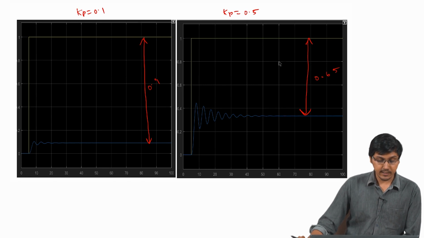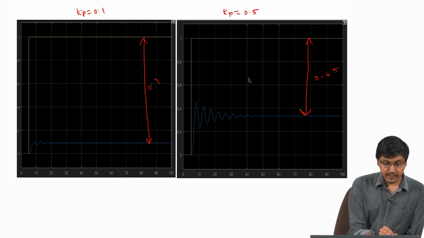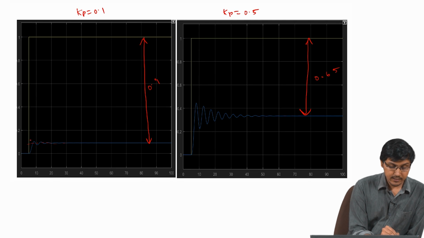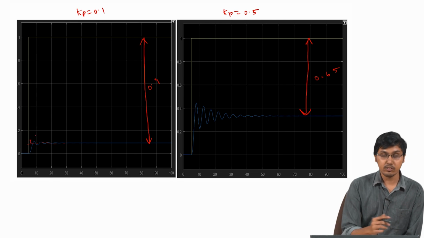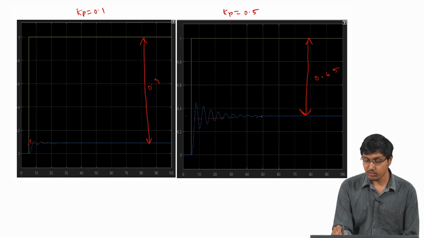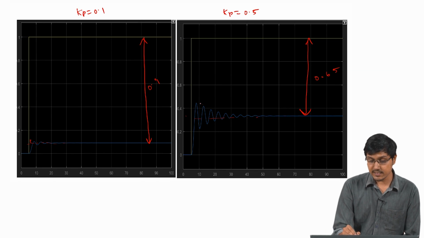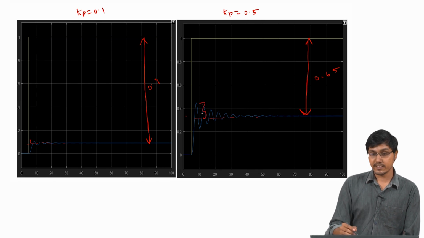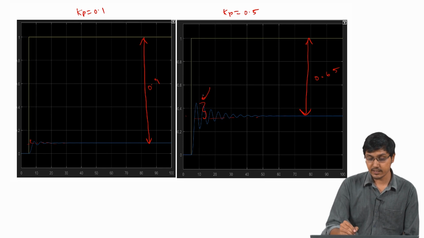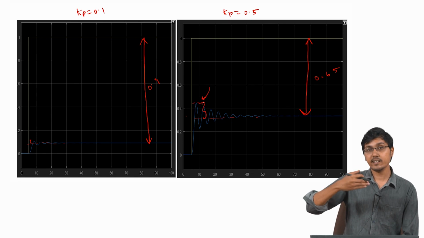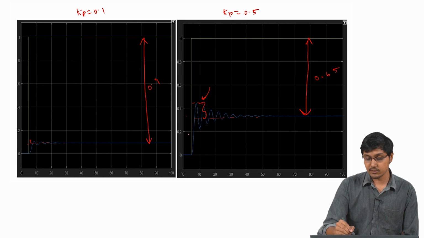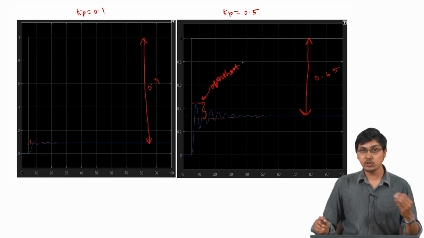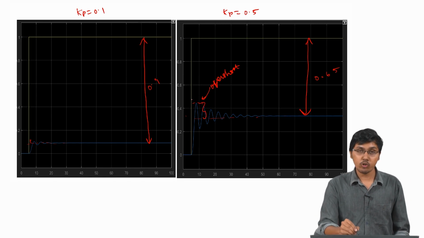Another thing we can see here is, if this is the final value, where it is settling, this has crossed the final value by this particular quantity, the value by which it has crossed initially. This initial peaking, the value that it peaks at, is called the overshoot: it shoots past the final value and then comes down.